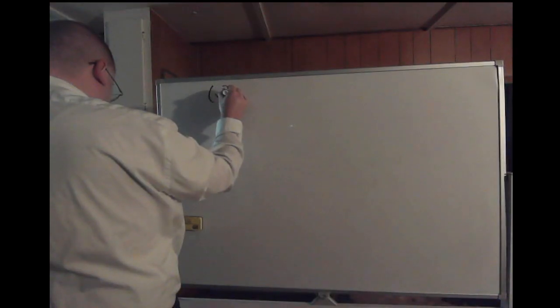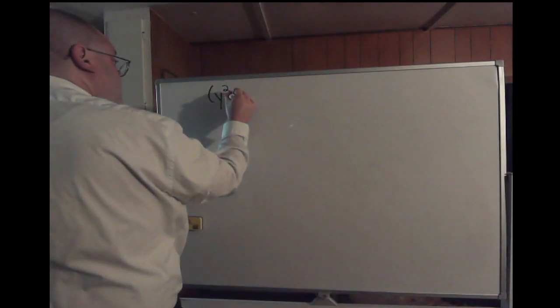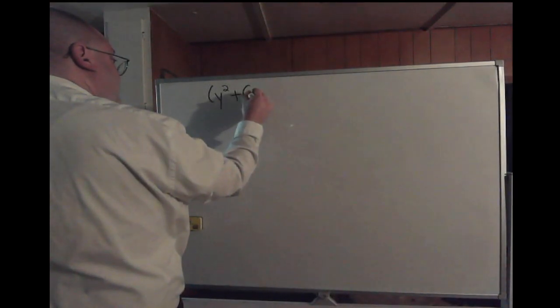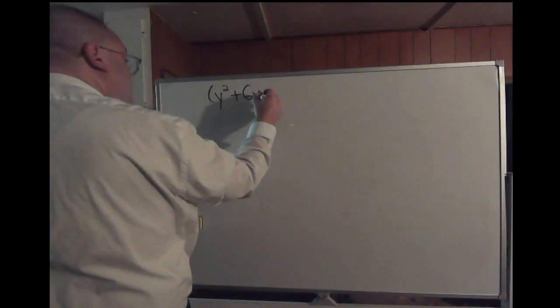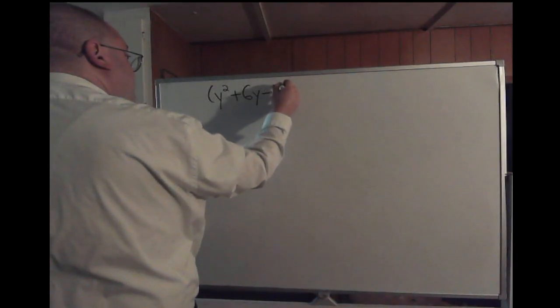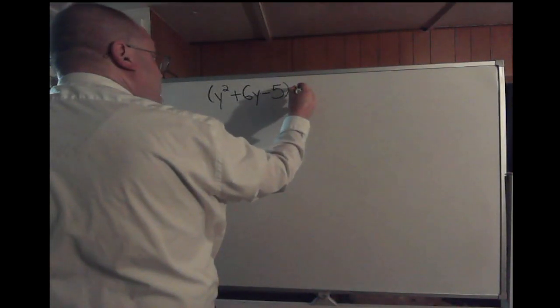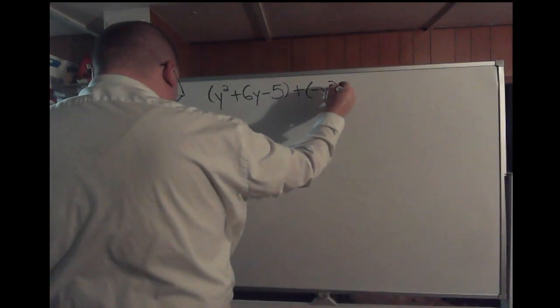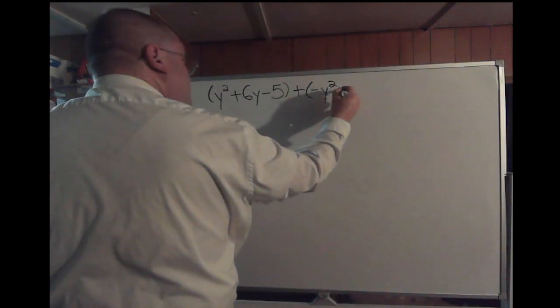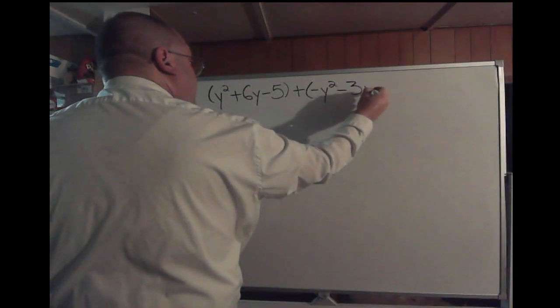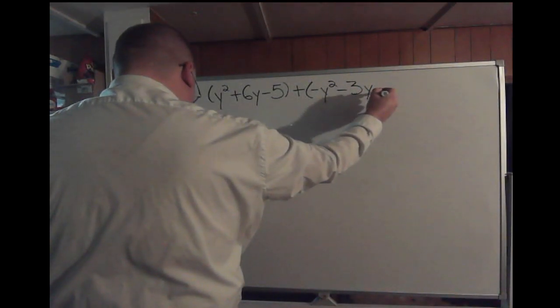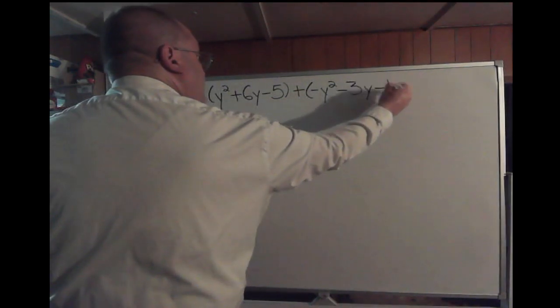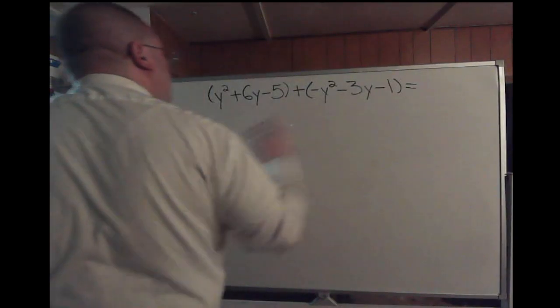Alright, how about y squared plus 6y minus 5, that whole quantity plus the quantity of negative y squared minus 3y minus 1. Okay?